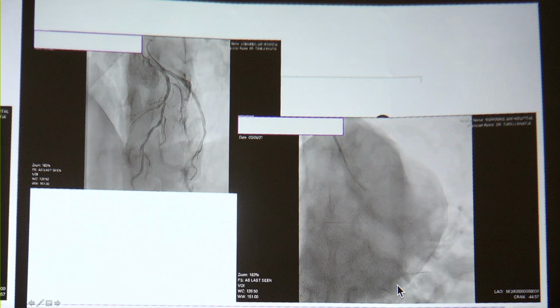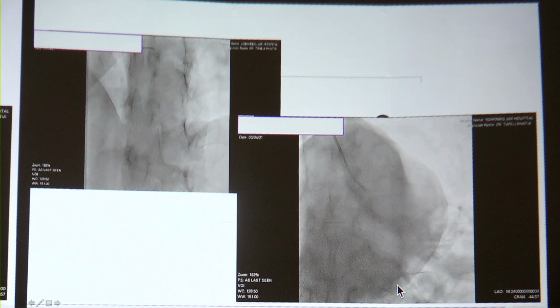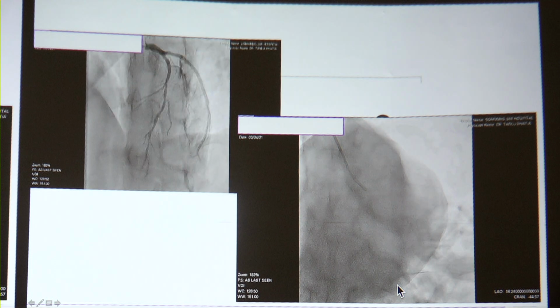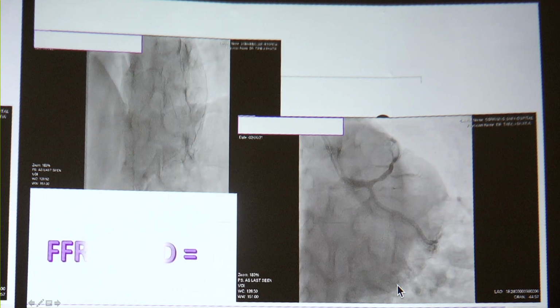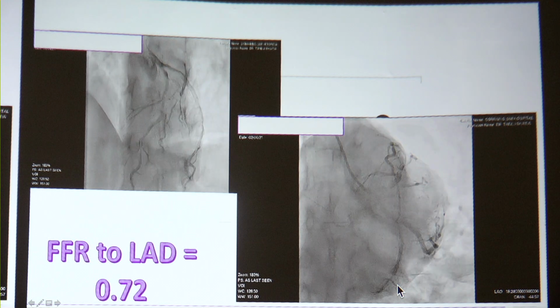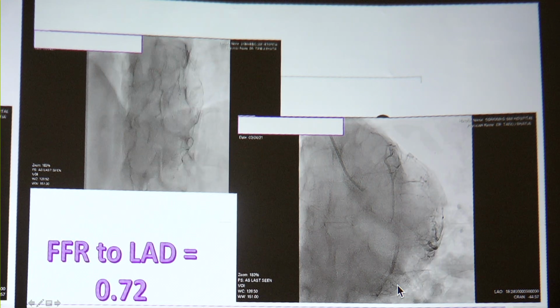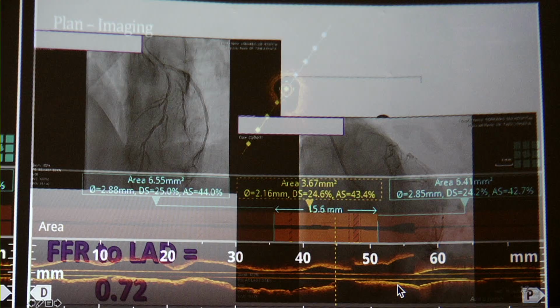So we were more interested in managing the LAD because that had two serial stenoses, and we started with the FFR, which was 0.72 in the LAD, and hence we thought we'd first address the left anterior descending artery.